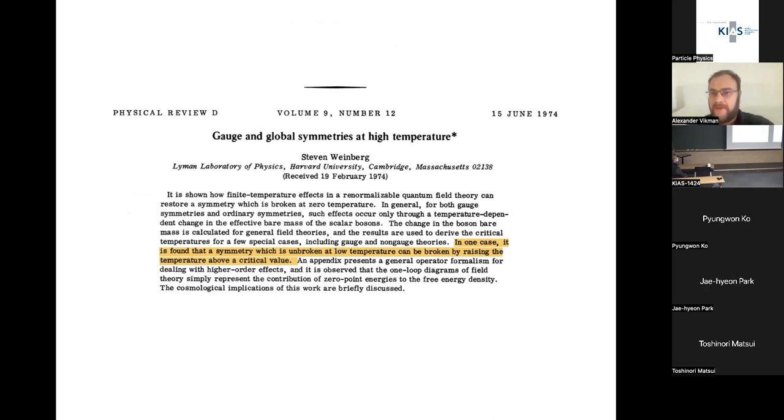So you see, it's ideologically a very strange situation, because very naively, we think that high temperature corresponds to UV, and UV should correspond to more symmetries. And here, actually, it's vice versa. So UV corresponds to fewer symmetries in the effective sense. So this is quite a non-standard setup in this sense, but nothing is really exotic there.